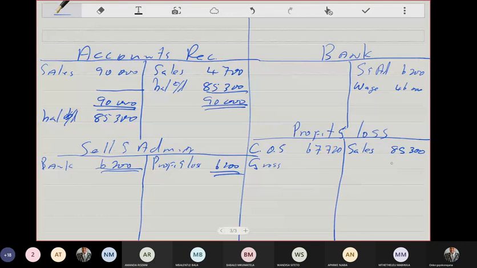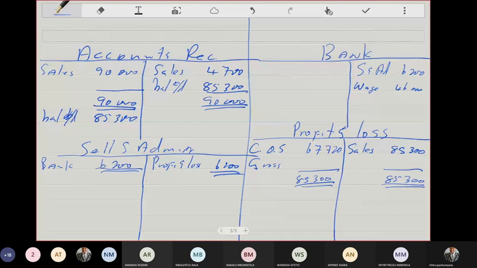So it's going to be 85,000. Okay, we've got 5,300 as our balancing, 85,300.